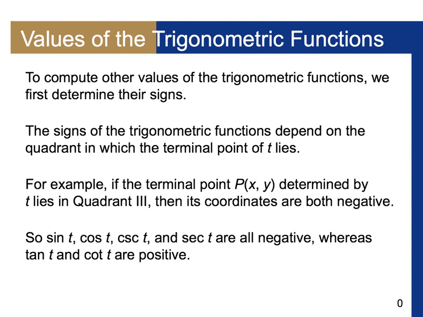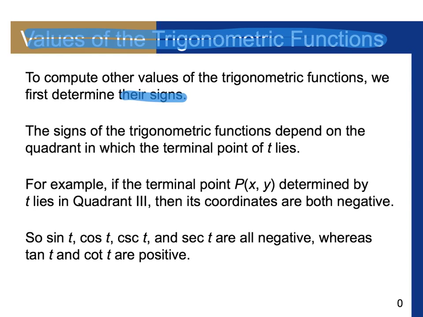Now let's figure out the values of the trig functions, whether they're positive or negative. We have to determine their signs to get the values of the trig functions. That depends on the quadrant in which the terminal point lies.